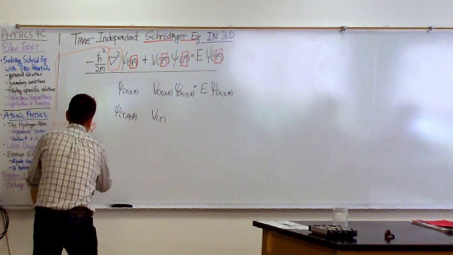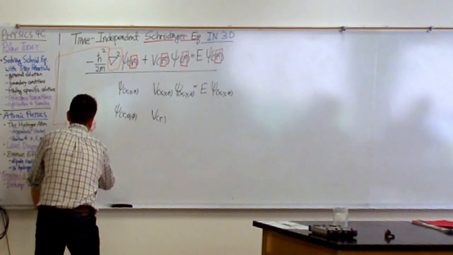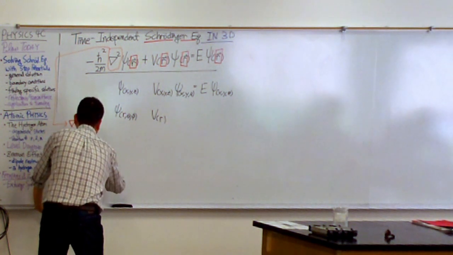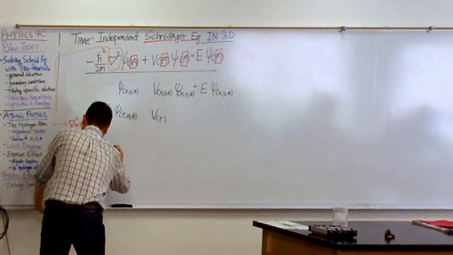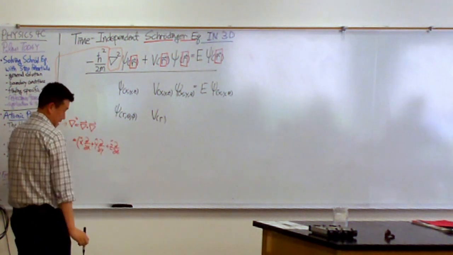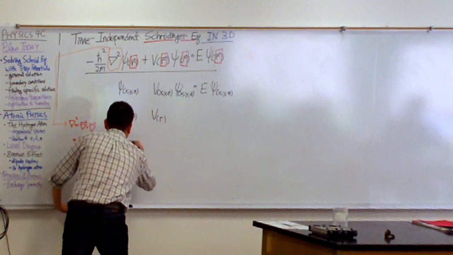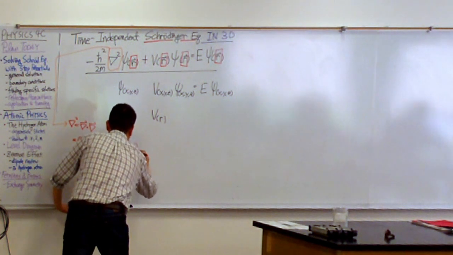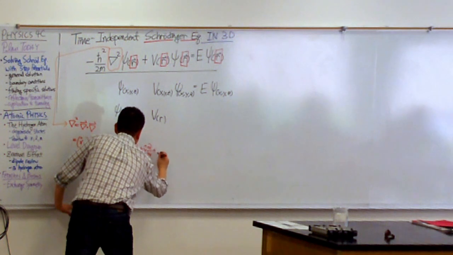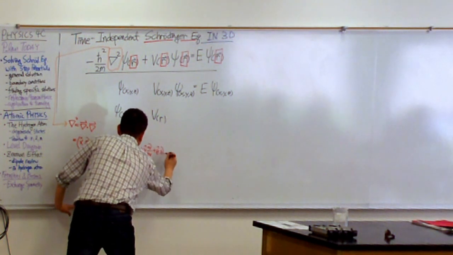So the gradient is x hat partial derivative with respect to x, plus y hat partial derivative with respect to y, plus z hat partial derivative with respect to z. That dotted with itself.